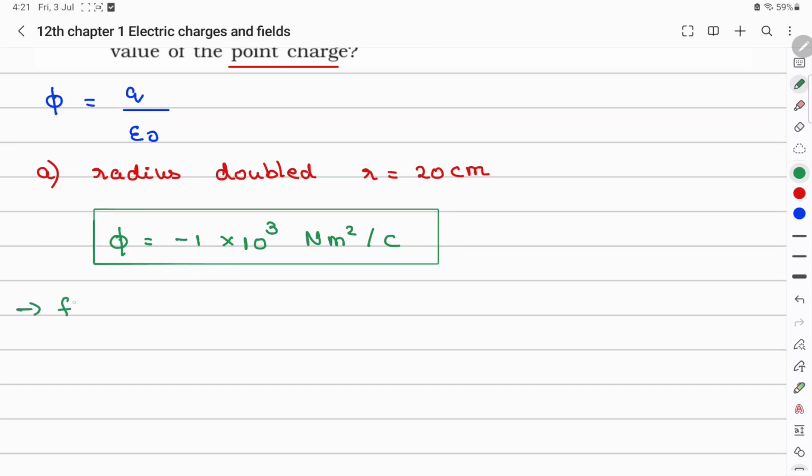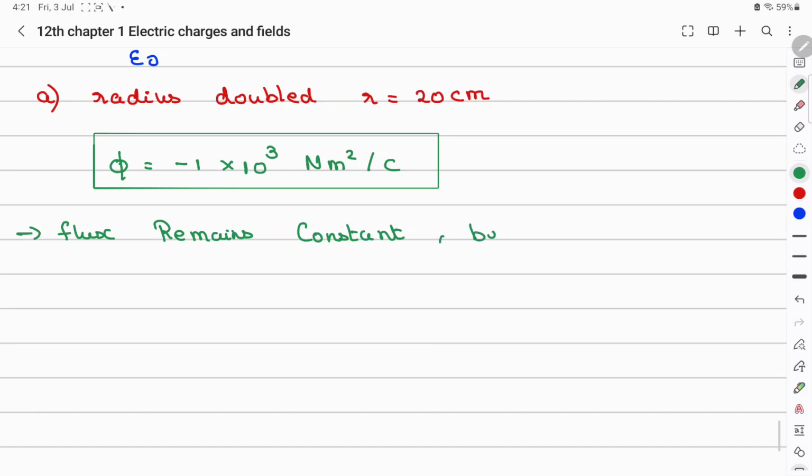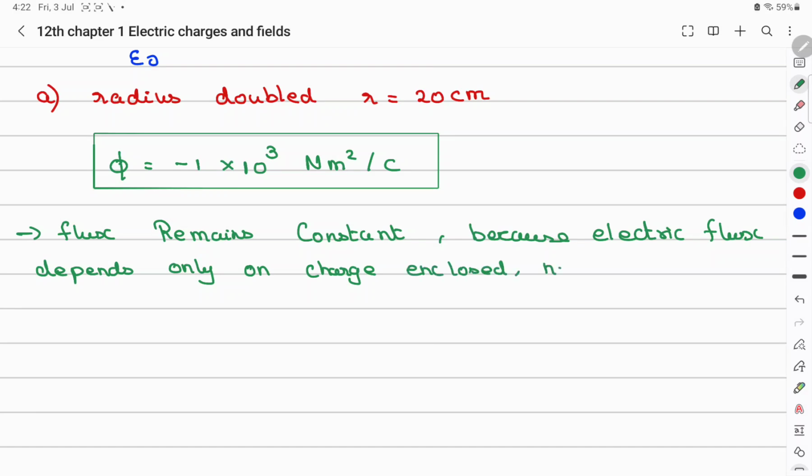The flux remains unchanged or remains constant because electric flux depends only on charge enclosed, not on the radius of the sphere.